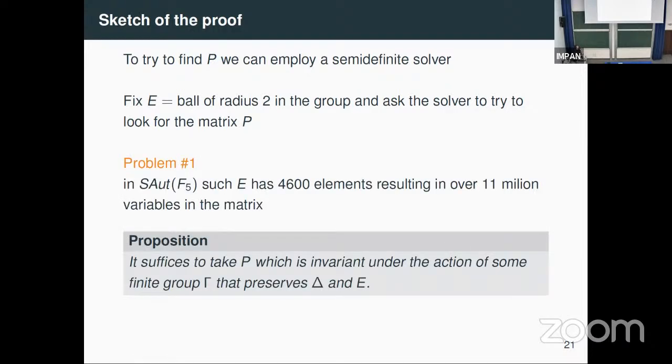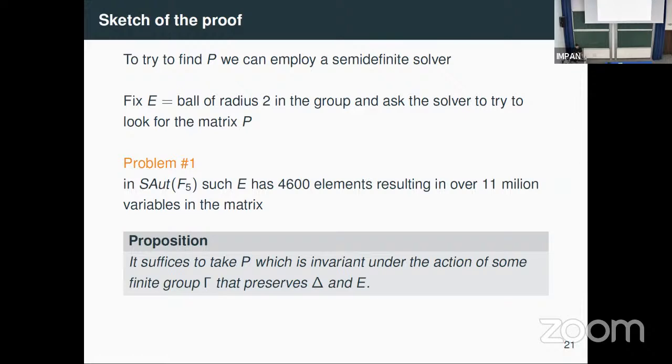So what are the issues that one runs into here? The first issue in this particular group is that the ball of radius 2 in SOF5 has 4,600 elements, actually a little bit more.